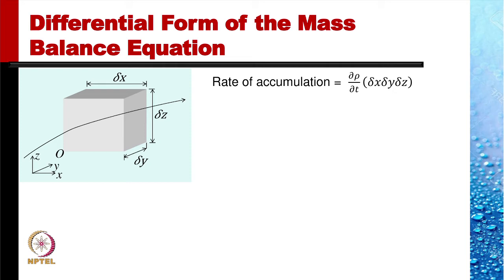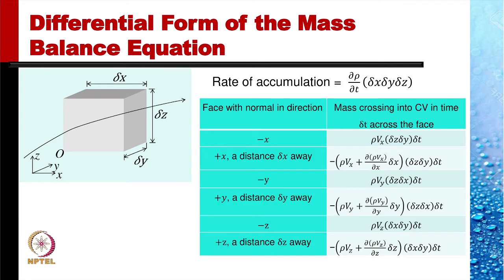Let's calculate the net influx. Let us consider the face with a normal in the minus x direction, which is the face there. The rate at which mass is crossing this control surface in time delta t across this face is the density rho Vx times the area, which is dz into dy, and times delta t. Next, let us consider the opposite surface with the normal in plus x direction, a distance delta x away.